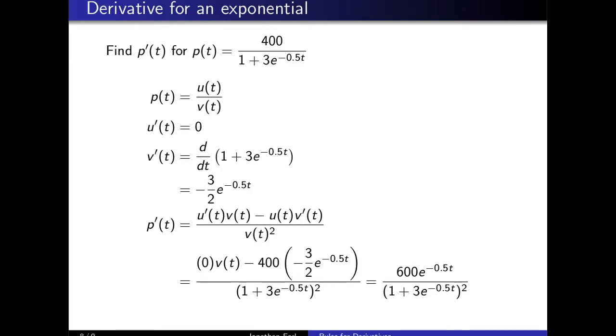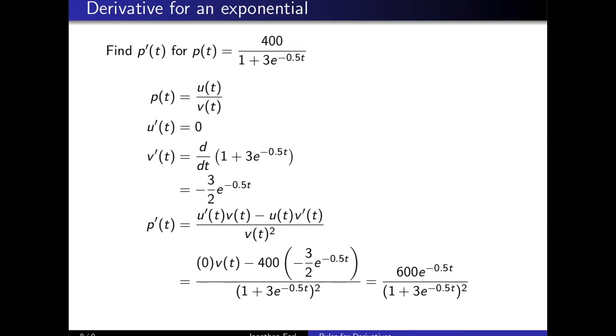So now we can use this to find the derivative of 400 divided by 1 plus 3 e to the minus 0.5t. So as before, we'll write this as a u divided by v. In this case, u of t is going to be 400, so u prime is 0 because u is a constant. And for v prime, we'll use our sum and constant multiple rules, and also this magic rule that we have for e to the kt, where in our case k is going to be minus 0.5.